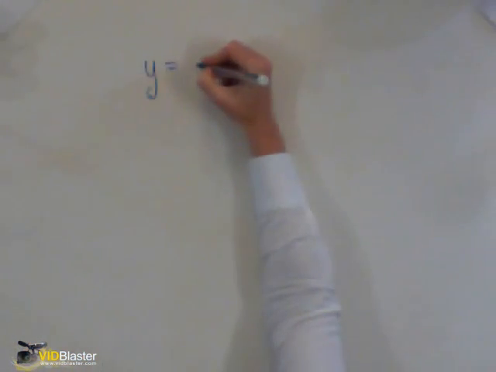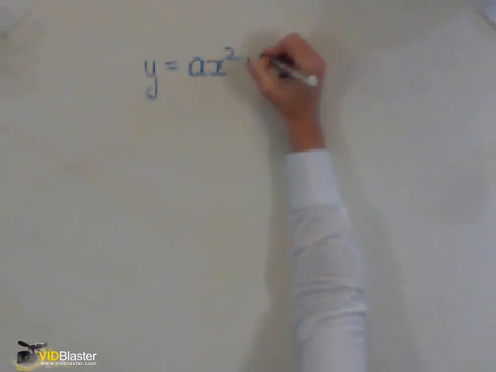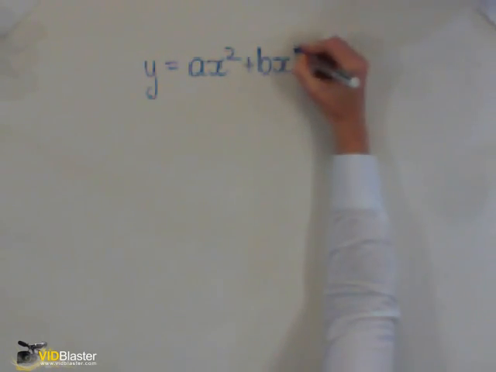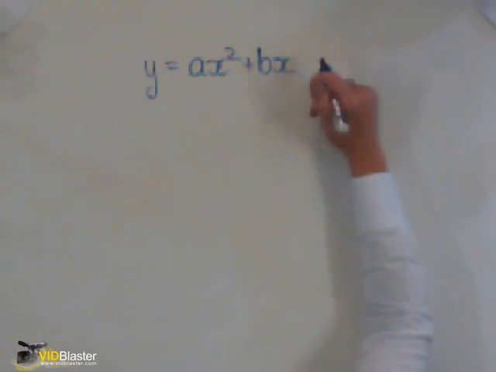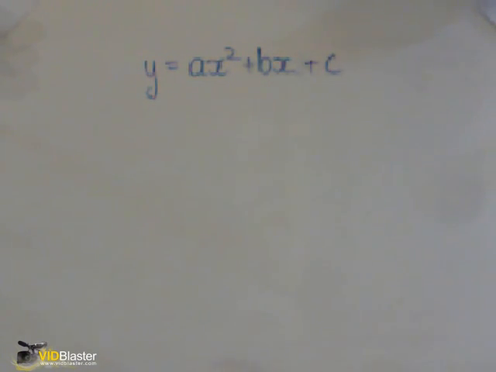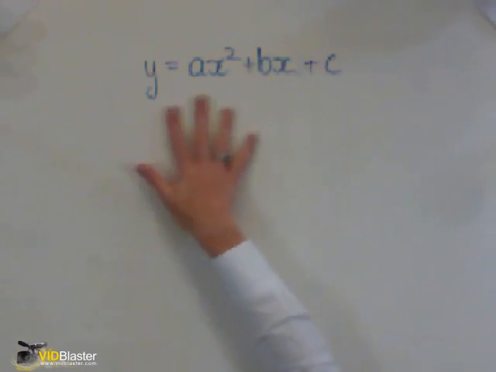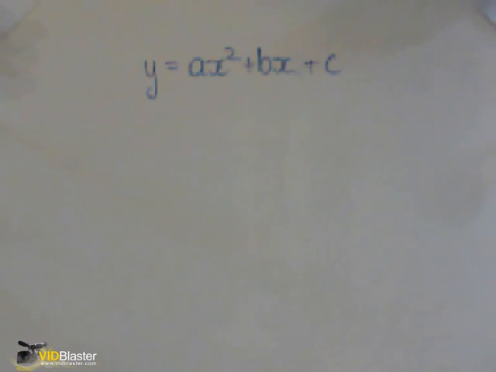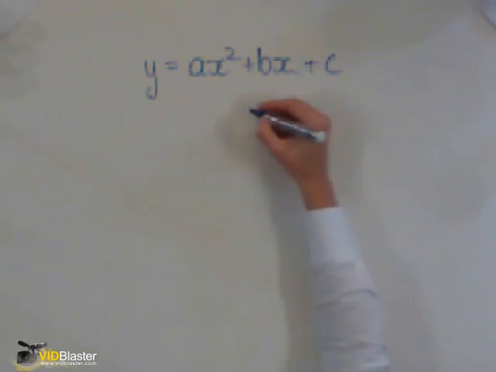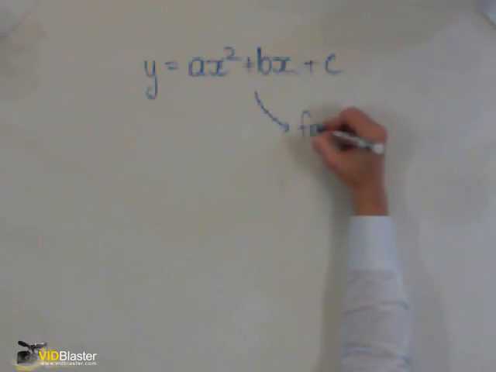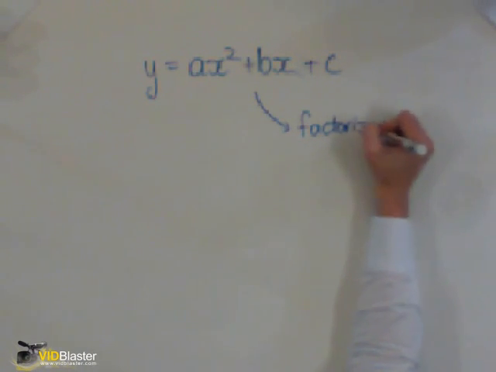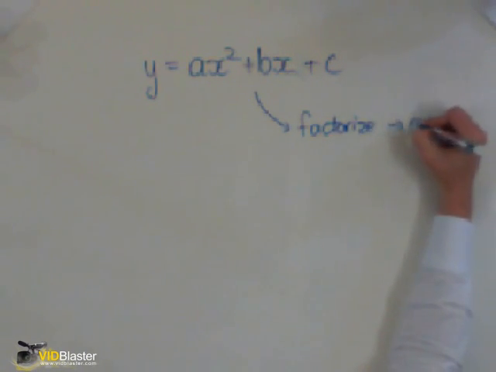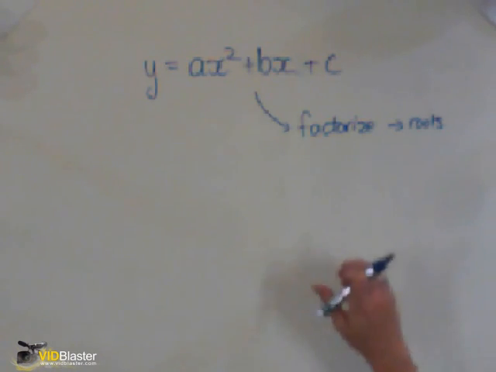Yes, we do have another formula, and that's usually y equals ax squared plus bx plus c, and this is the quadratic formula that I think most of us are very used to, because the thing that you can do easily here is factorize, which finds us our roots very easily.